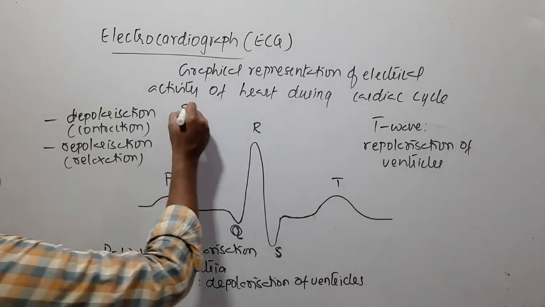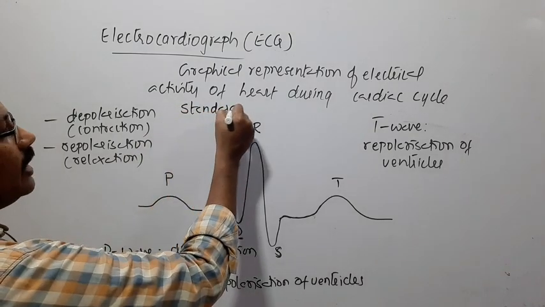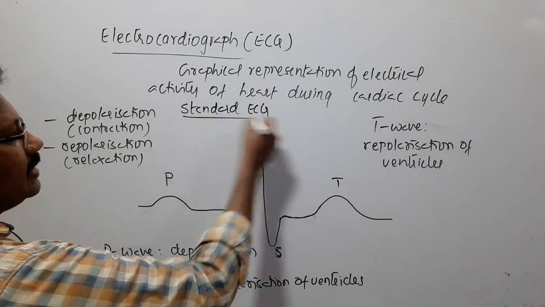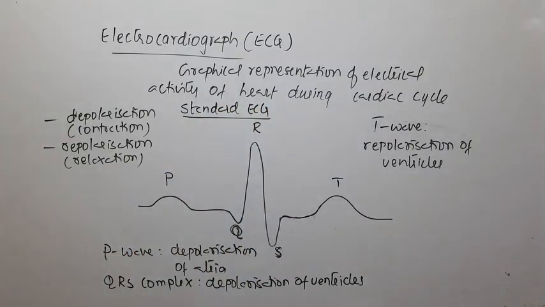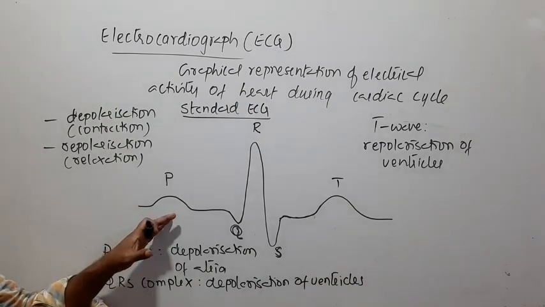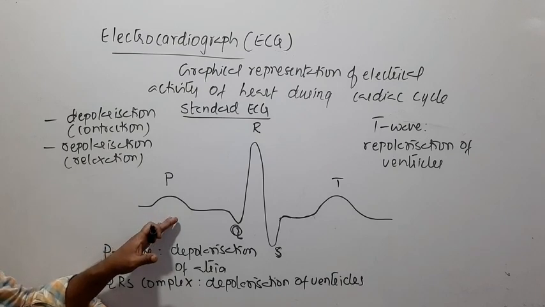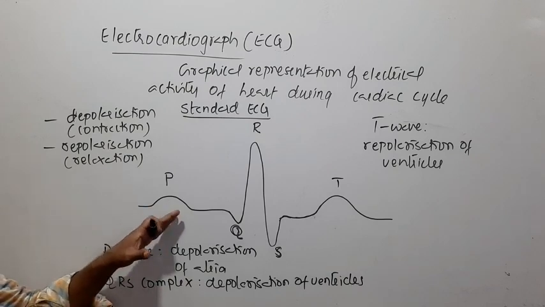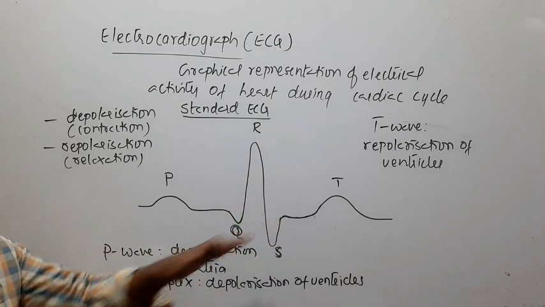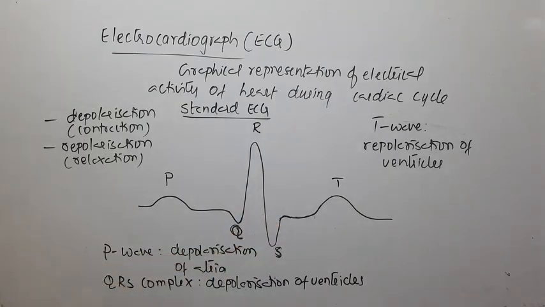What I have discussed is about a standard ECG. So a normal person with his heart in normal condition will show such an ECG. By seeing the differences in the P wave, QRS complexes, and then T, we will come to know what is the problem with the heart of a person.